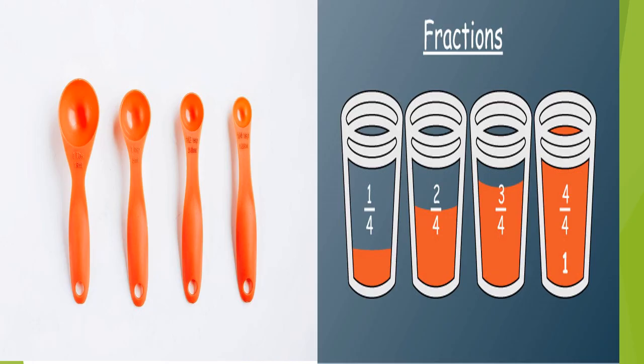So here you have 1 tablespoon, then 1 teaspoon, then half a teaspoon, then 1/4 teaspoon. Then you see there's one glass. The measurement of the glass is same, but the measurement of the juice poured into the glass is different. So you have 1/4, 2/4, which is actually half the glass of juice, then 3/4, 4/4. So this is how fraction is being used in our everyday life, which has a great impact in our life.